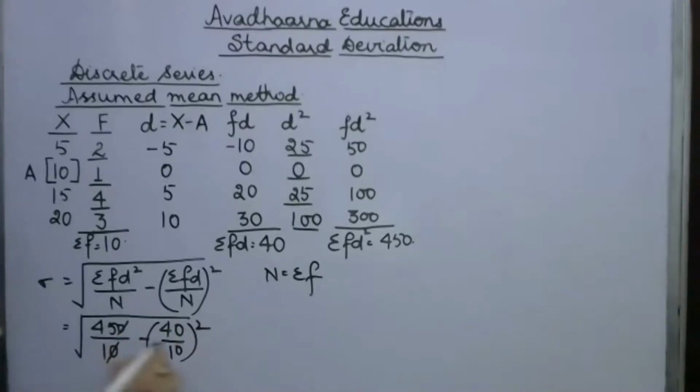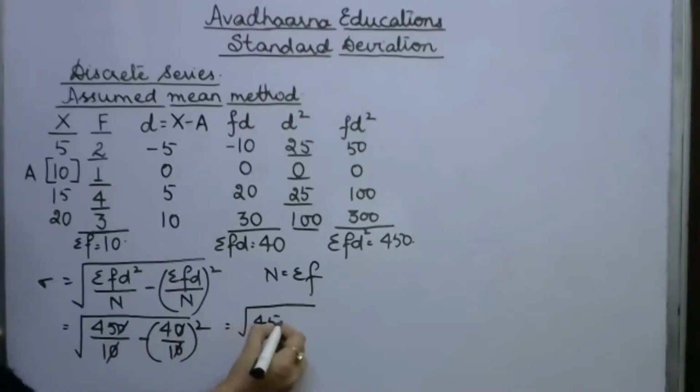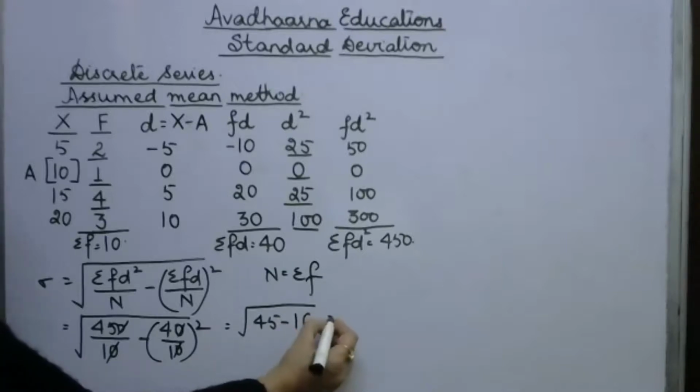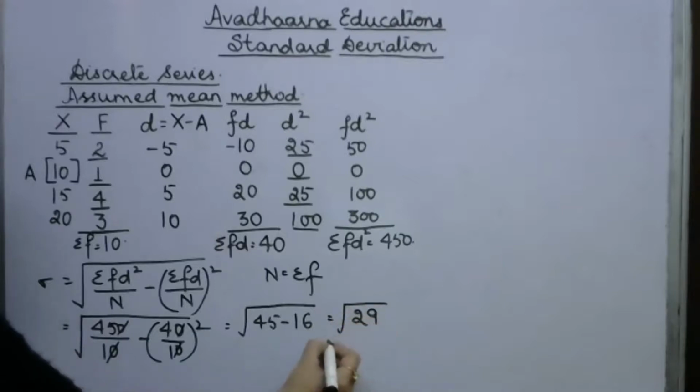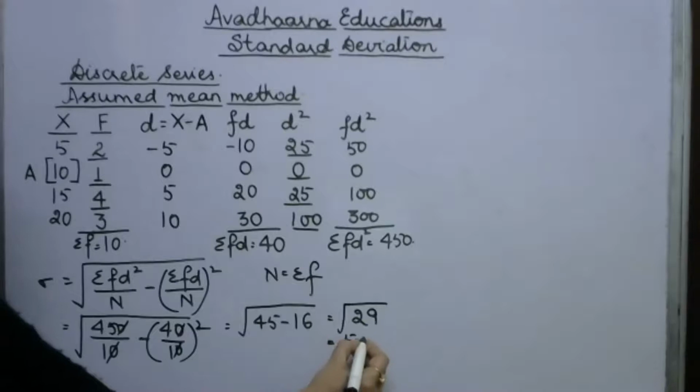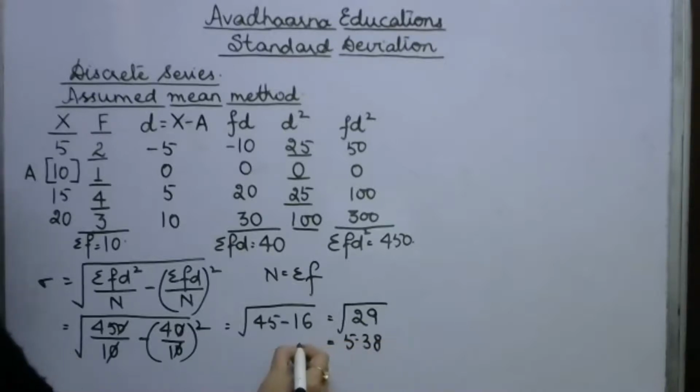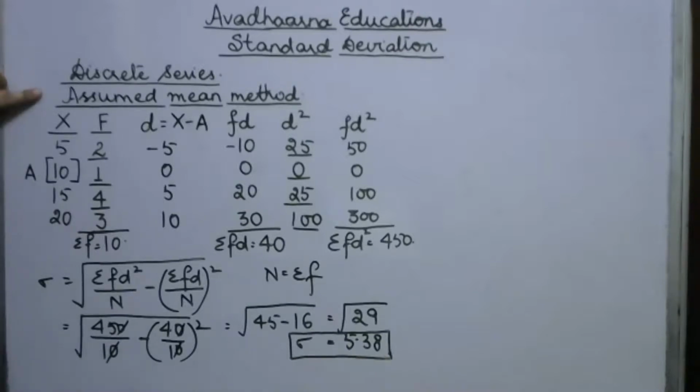Let's simplify it. We get under root of 45 minus 4 square, which is 16. So 45 minus 16 will be under root of 29. And under root of 29 is 5.38. So the standard deviation of this series is 5.38, and this is how we calculate it by following the assumed mean method.